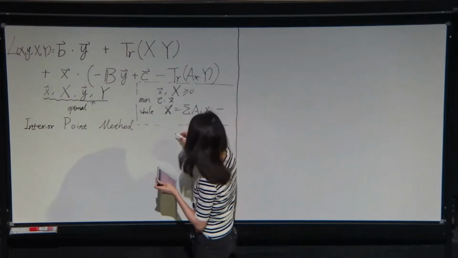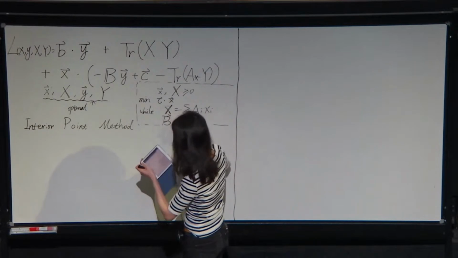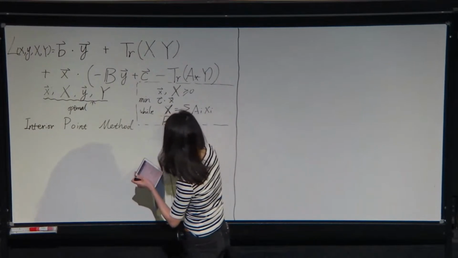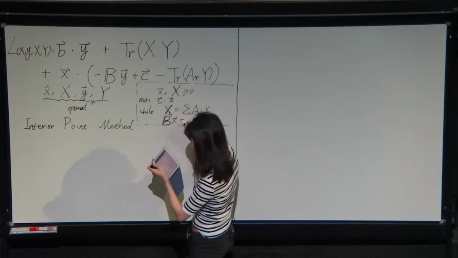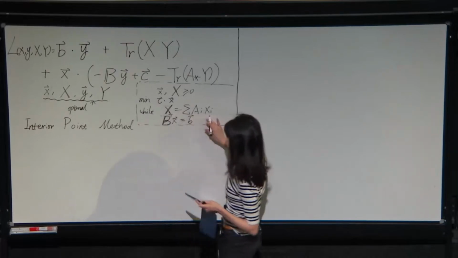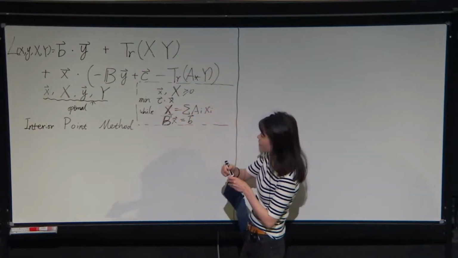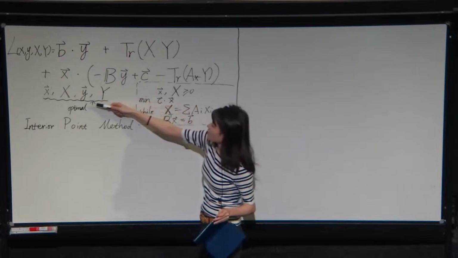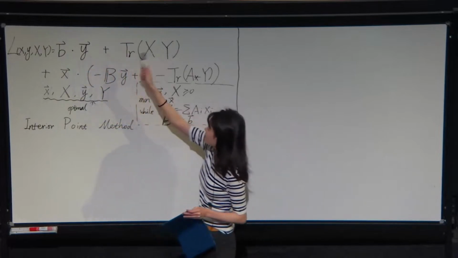Sorry, B is also a matrix acting on little x. It's a bit packed here, but you don't have to pay too much attention to the constraints. Mainly, we get those constraints by taking the derivative with respect to the y's.